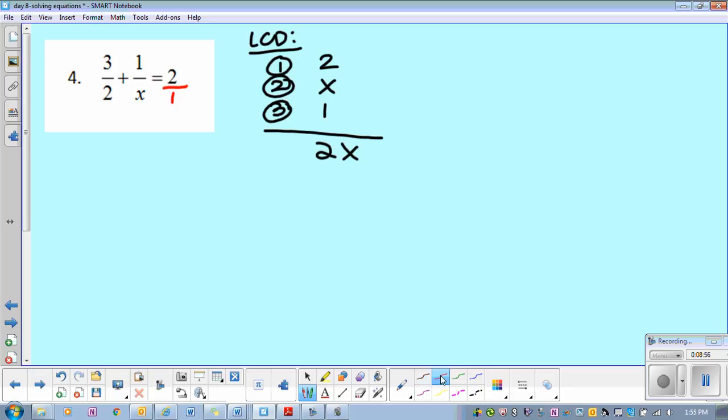So now, what is this first one missing to look like the LCD? Okay. And up here, what's the second one missing? Good. And what is the third one missing? X and the what? 2. So 2x.